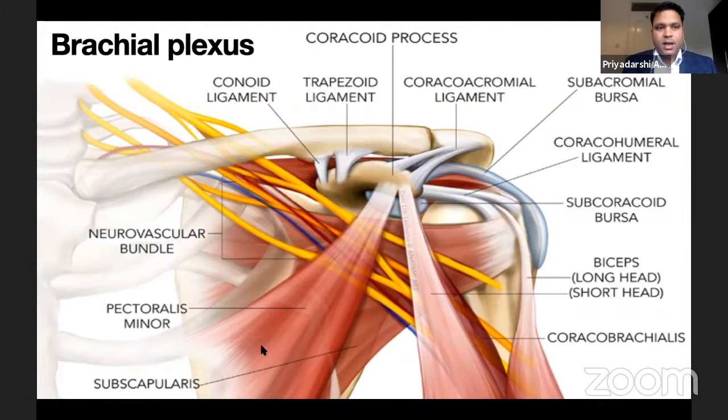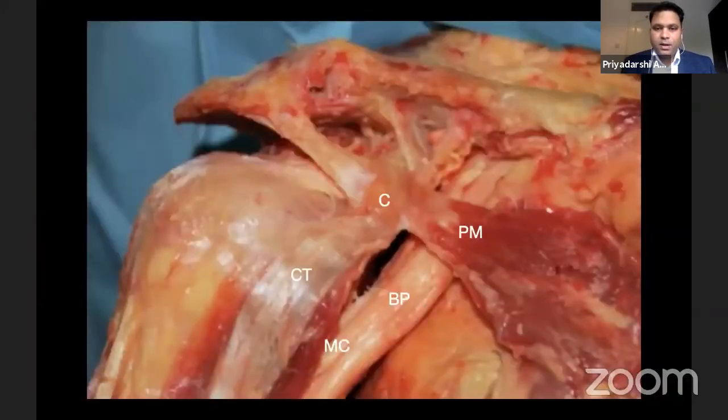Now, if you understand the anatomy of the brachial plexus, it starts from the cervical plexus, courses under the middle part of the clavicle, then down posterior to the pec minor, overlying the subscapularis muscle, and then along under the conjoint tendon. You can appreciate this better in this cadaveric image.